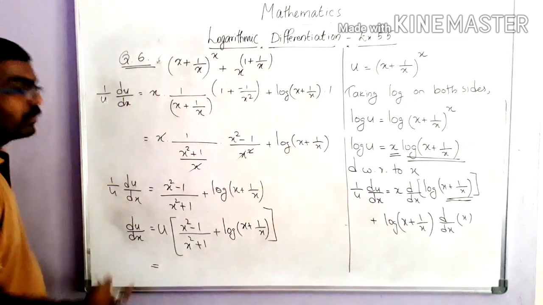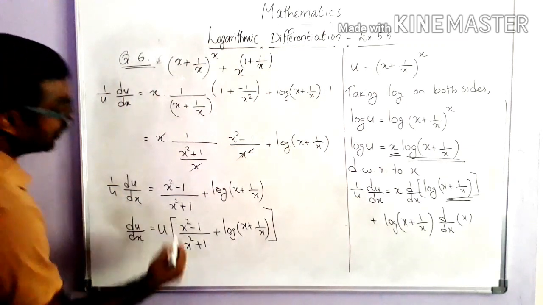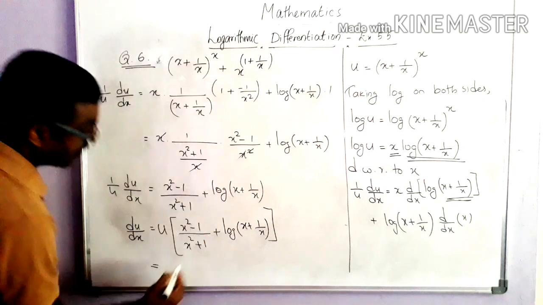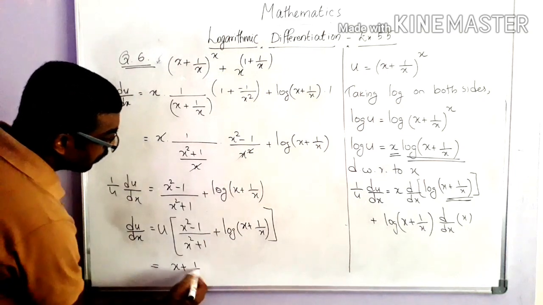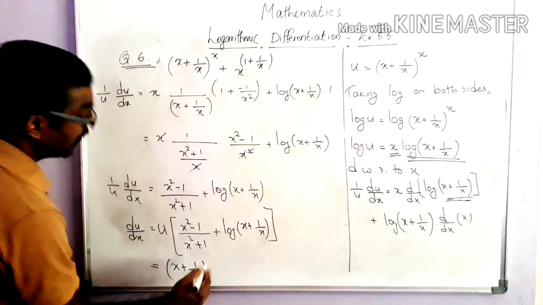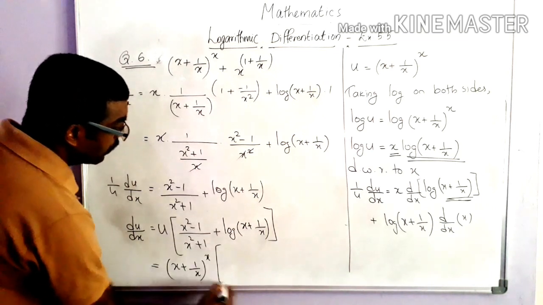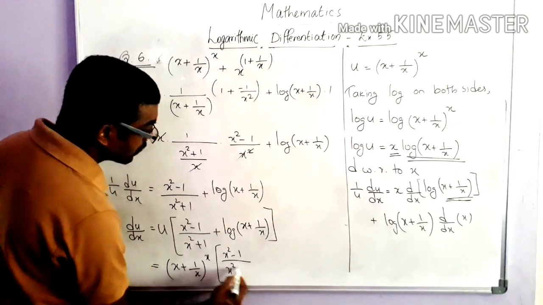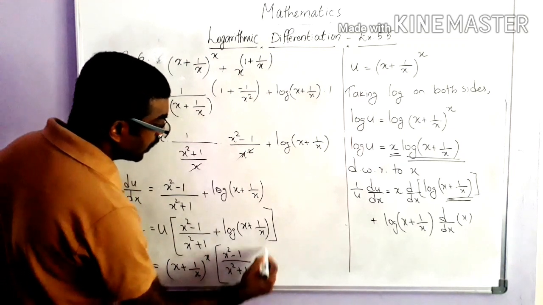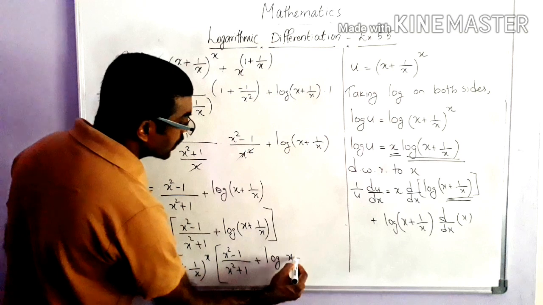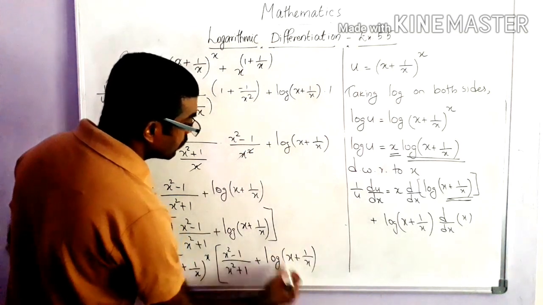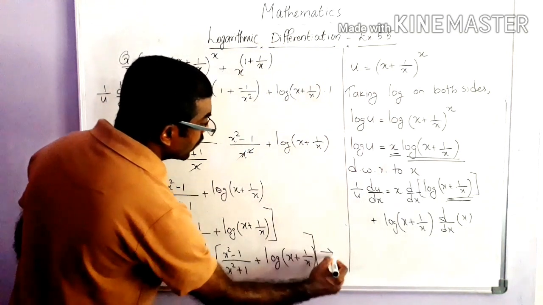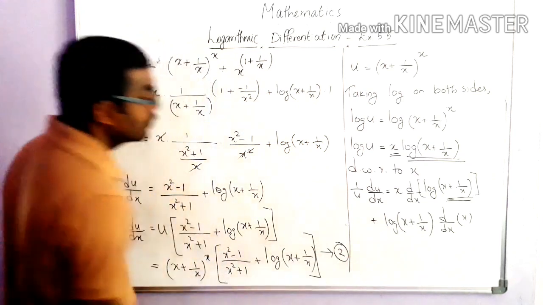Finally we can replace the value of u, and it is the first part of the question, that is du/dx = (x + 1/x)^x [(x squared - 1)/(x squared + 1) + log (x + 1/x)]. This we can take as equation number 2.